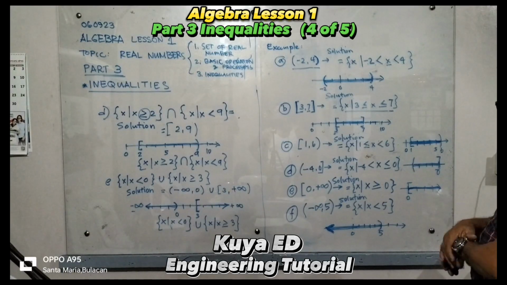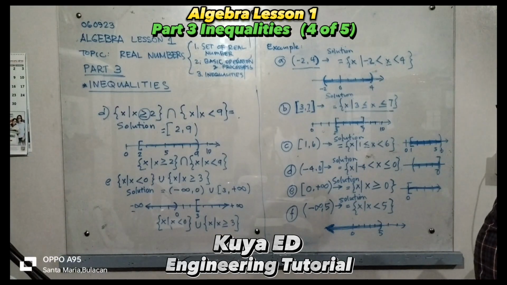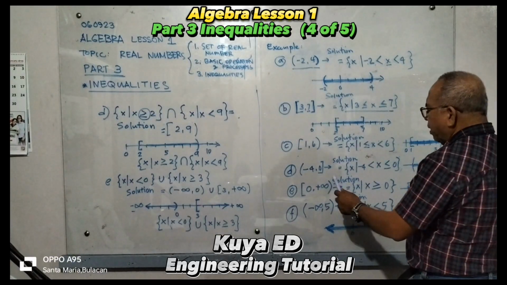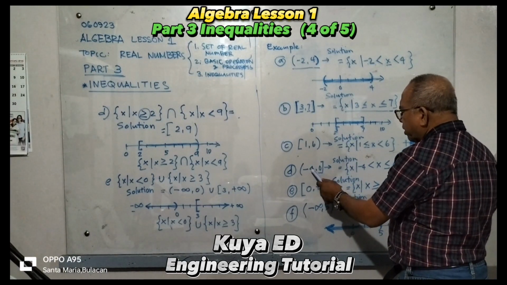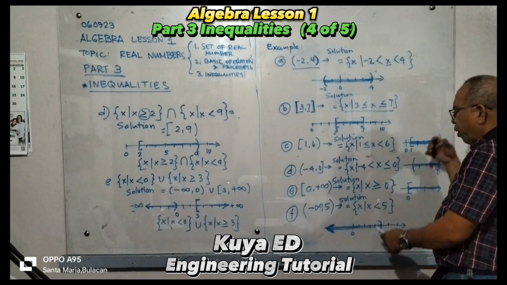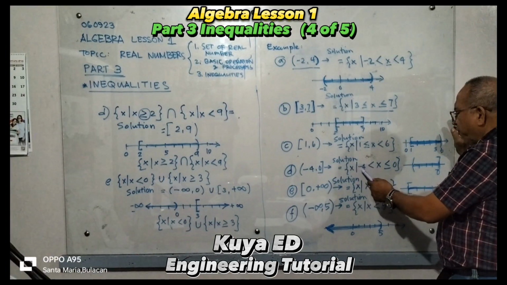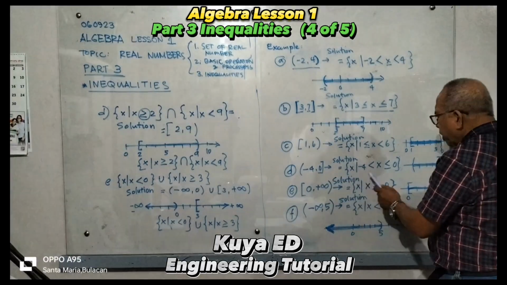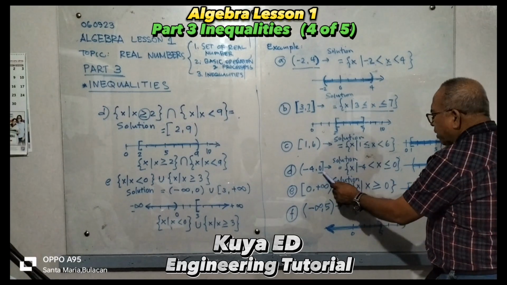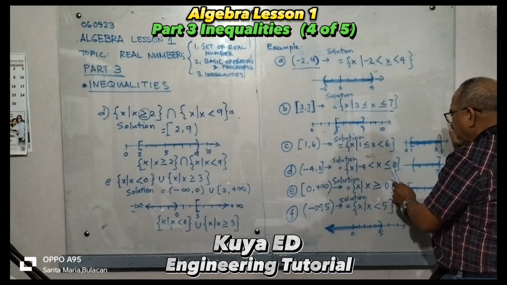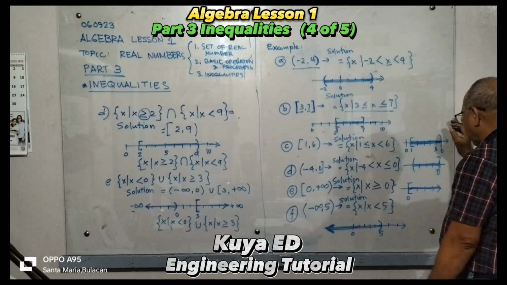Okay, how about if negative 4 and 0? Again, as we have said, negative 4 is to the left of 0 because it is less than 0. Therefore, we have here x such that negative 4. Okay, we will use the term less than x. And then since this is a bracket, therefore we use less than or equal to 0.